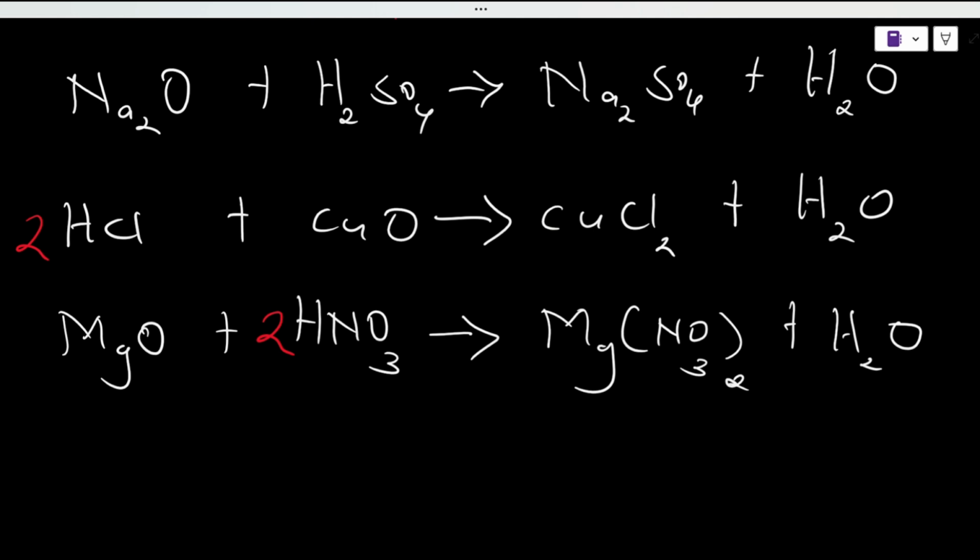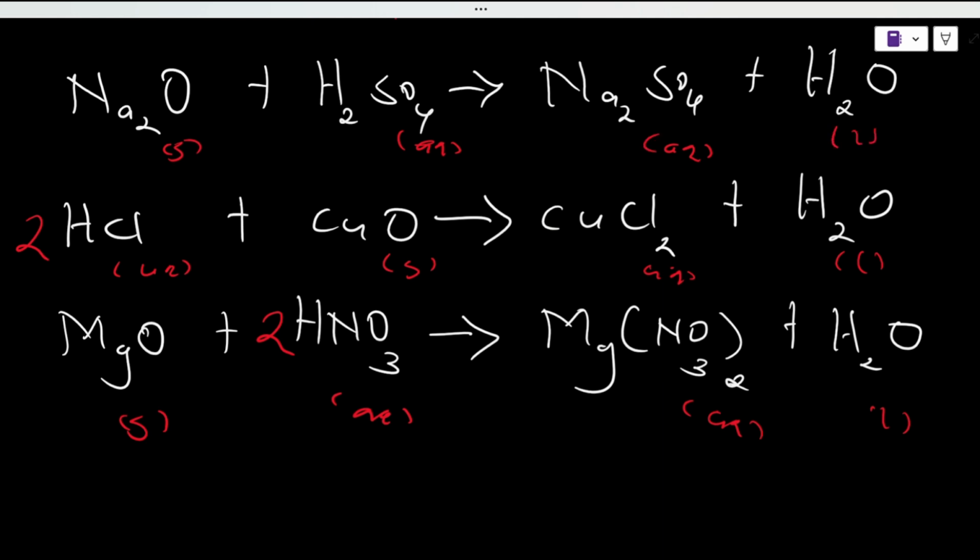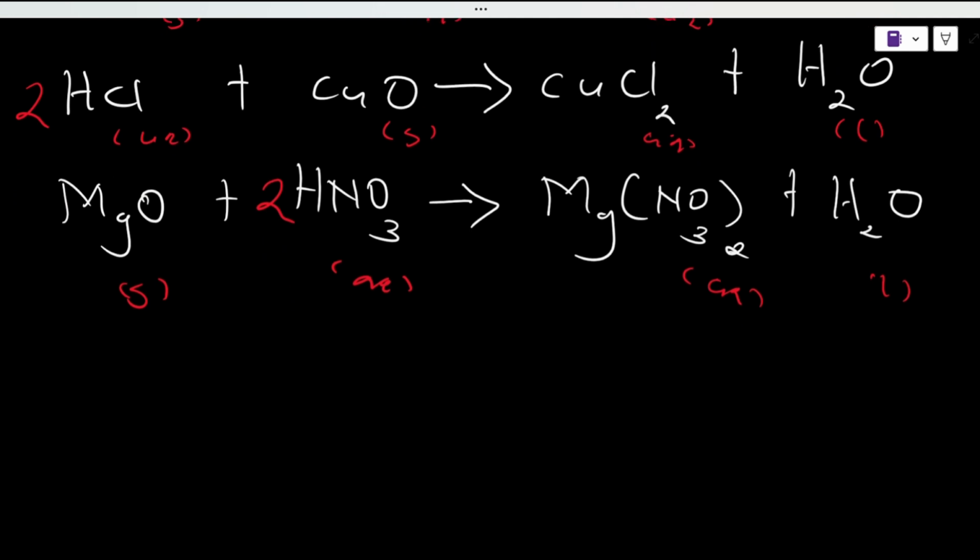It will be as simple as that. So this one is solid, aqueous, liquid, liquid, aqueous, solid, aqueous, solid, aqueous, aqueous, liquid. It is going to be as simple as that.